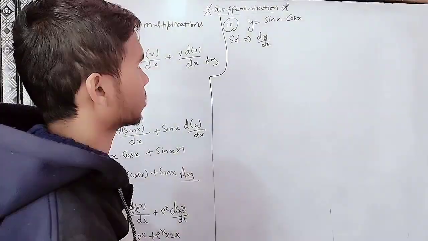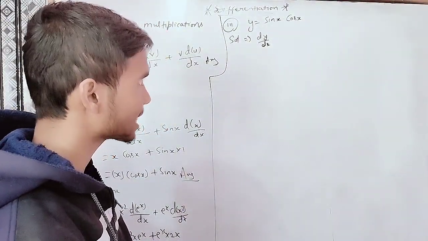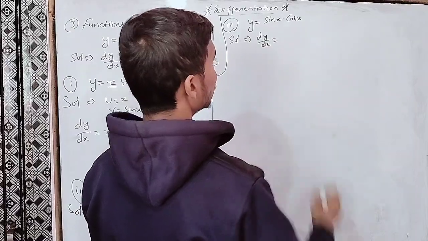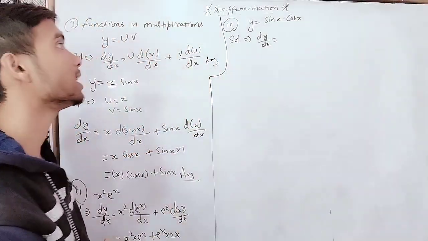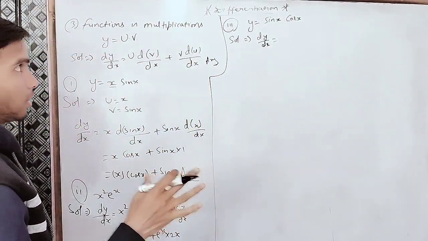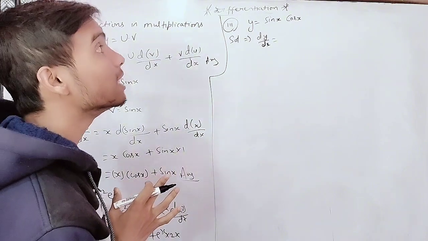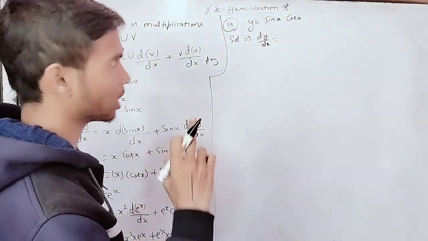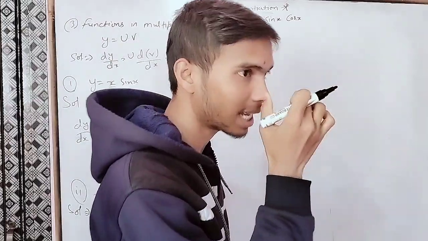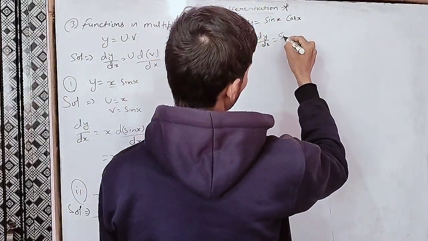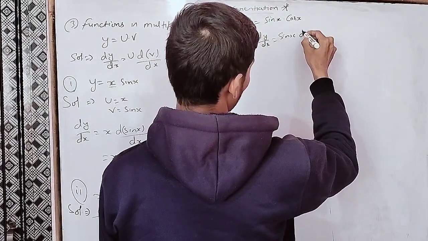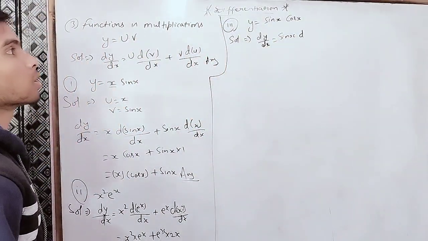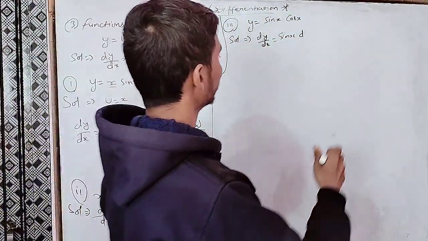We have two functions. First is sin x, second is cos x. First will be written as it is, and we want to write the first and do differentiation of the second. So first will be written as it is: sin x. Second would be written to do differentiation.